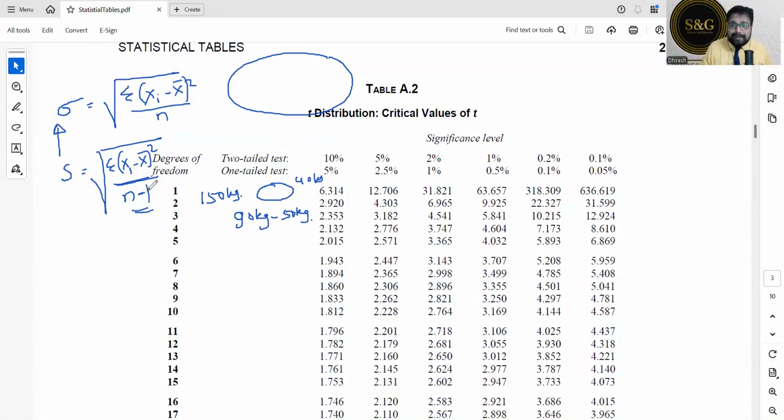He reduced the denominator so that the sample standard deviation will get a boost, will be a little enhanced. Because the variation itself is low, just to boost that variability, he has reduced the denominator. If you reduce the denominator, obviously the total value will increase, right? This is the logic of Frederick Bessel.